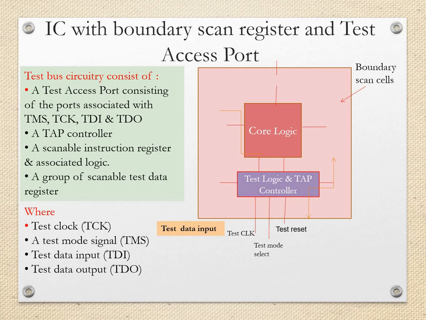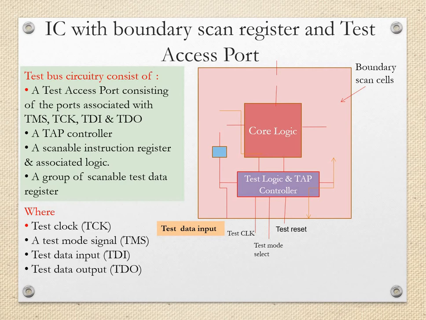We have the test data input, that is TDI. The test data will be inputted through the IO pin into the chip, and then it will run through the different boundary scan cells, which I have shown in blue color.